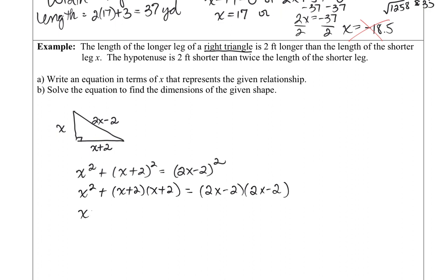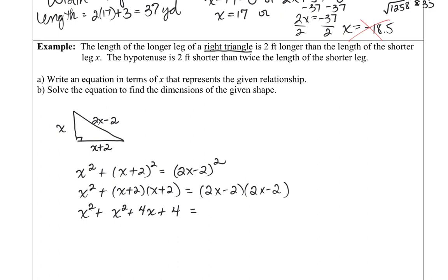So this is going to give me x squared. This one's going to give me x squared plus 2x plus 2x is 4x, plus the last 2 times 2 is 4. Again, x times x is x squared, 2x plus 2x is 4x, 2 times 2 is 4. Equals.